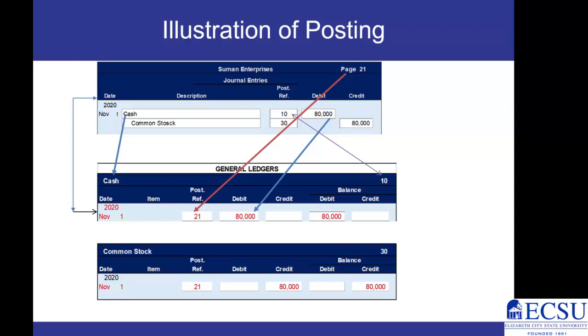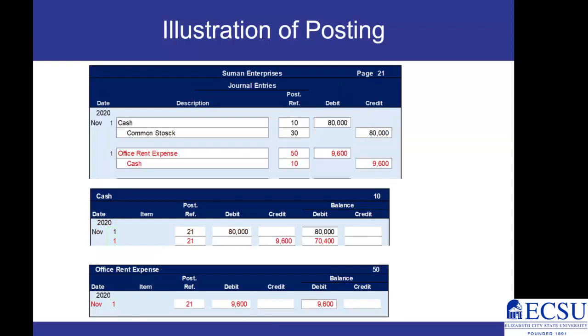The second is common stock, which is credit, so it is written in the credit column, not in the debit column, and it will have a credit balance as well. So that is how we do the posting, in the T account and in a proper four-column ledger, as displayed there.